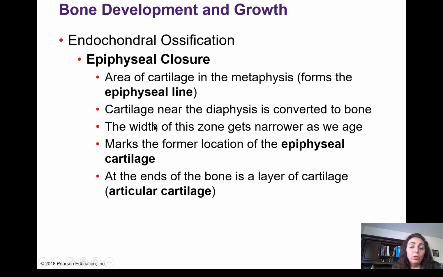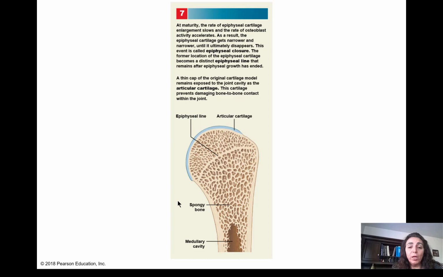And cartilage near the diaphysis is converted to bone. The width of this gets narrower as we age, as we discussed, and marks the former location of the epiphyseal cartilage, the time that it was growing. And at the end of the bone is a layer of cartilage, as we discussed, we call it articular cartilage, over the surface of the epiphysis.